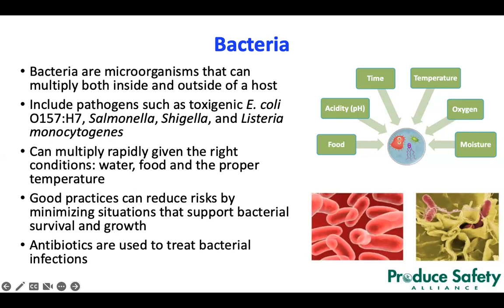If conditions are ideal, bacteria can multiply once every 20 minutes. So it is unlikely you will ever start with just one bacterium. Good agricultural practices can reduce risks by minimizing situations that support bacteria survival and growth. And as we all know, in humans, antibiotics are used to treat bacterial infections.